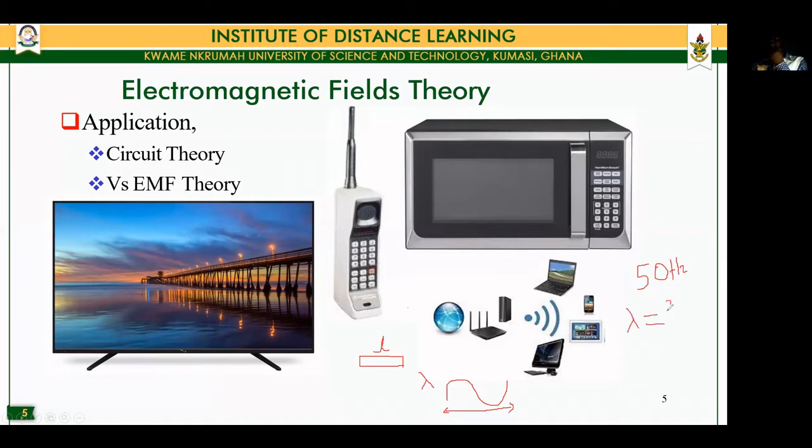It will be 3 times 10 to the power 8 divided by 50. So if you look at this one, the ratio is still very big. So that means that this wavelength is so huge that from the beginning point of this resistor to the ending point of the resistor will be a small fraction of this wavelength, lambda here.